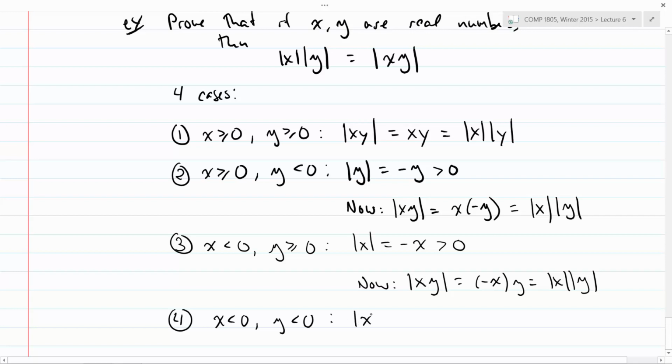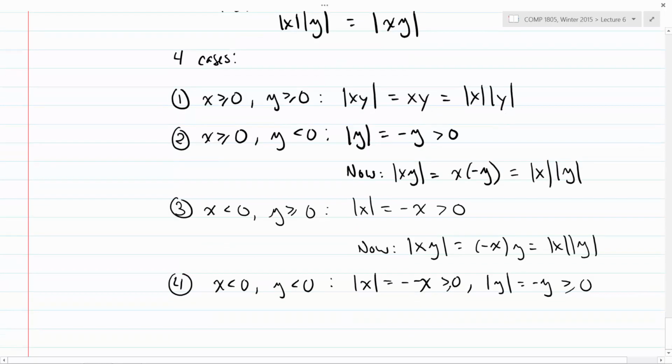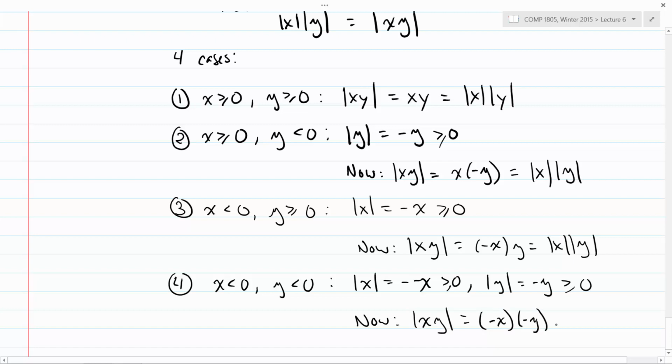In that case, the absolute value of x is minus x, which is bigger than 0, and the absolute value of y is minus y, which is bigger than or equal to 0, I should say. And actually, that's true for all those as well. And now, the absolute value of x times y is minus x times minus y, which is just the absolute value of x times the absolute value of y. Yeah?